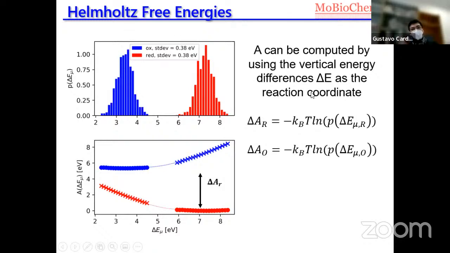One example has been shown by Warshel, the same Nobel Prize, going back to like 1986 or so, where you can compute the Helmholtz free energy of the reduced species and the oxidized species as a function of the probability distribution of what?